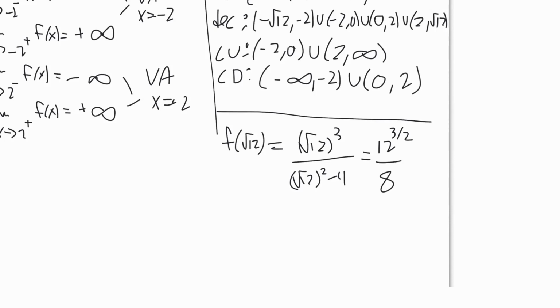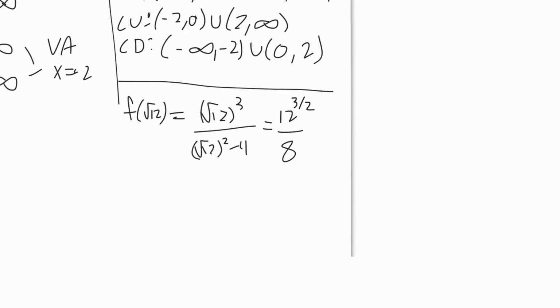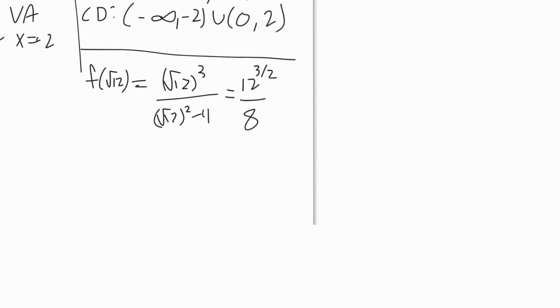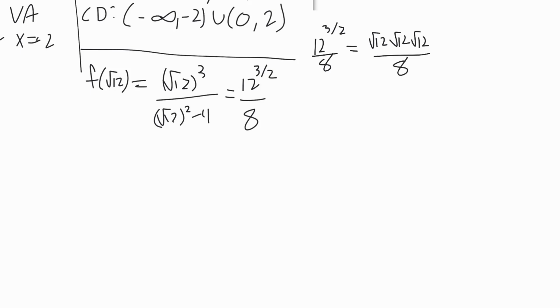Now we're going to go ahead and actually reduce this because 12 to the 3 over 2, well, it doesn't look like it initially, can actually be simplified. So let's move over here and make a little bit more space. So we've got 12 to the power of 3 over 2. Well, what that means is we have root 12 times root 12 times root 12 because we have 3 copies of root 12.